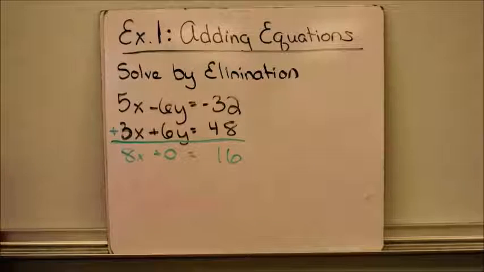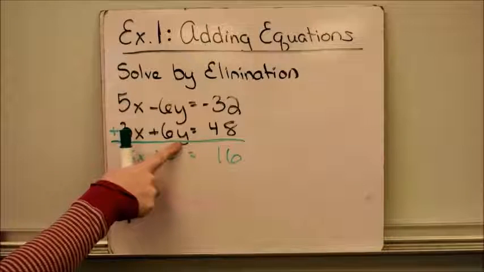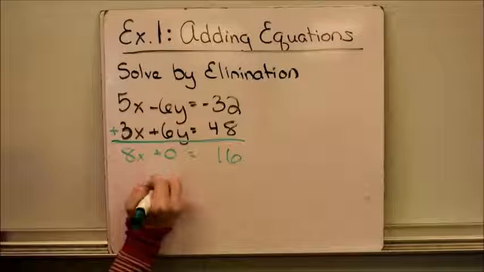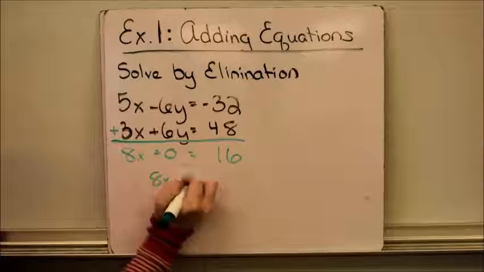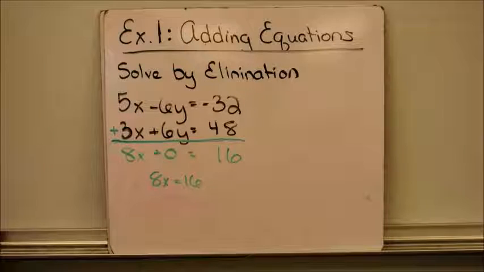So what we've done is eliminated our y term, and we're only left with one term now, which we can rewrite as 8x equals 16. That's our first step, to add or subtract these two equations so that we can eliminate one of our terms.